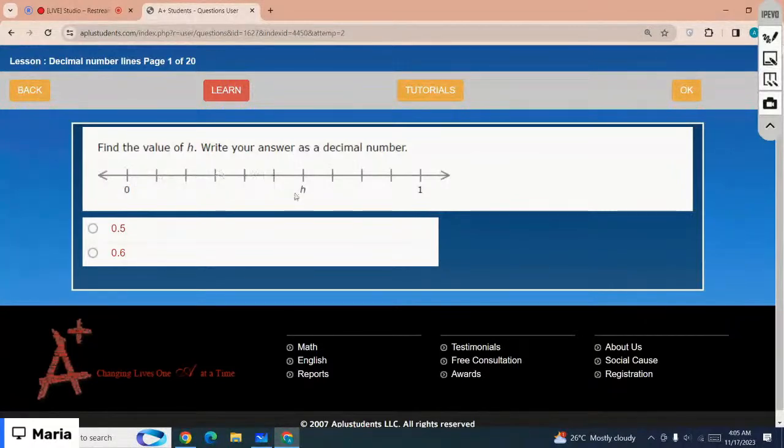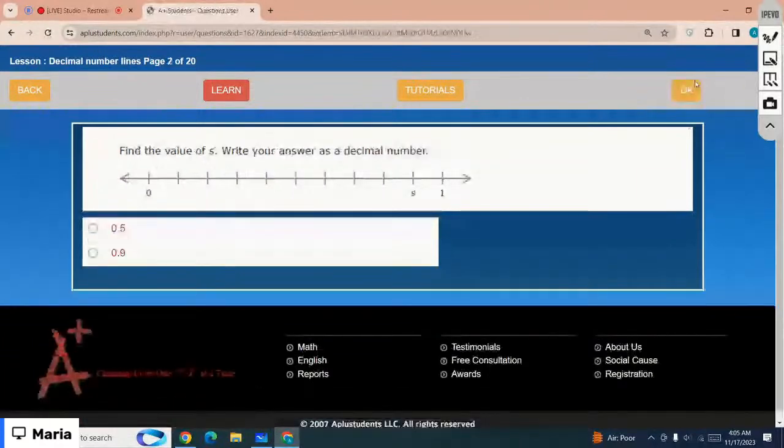That means it is greater than 0 but less than 1, so that would be 0.6. Yes, so h is pointing to 0.6.